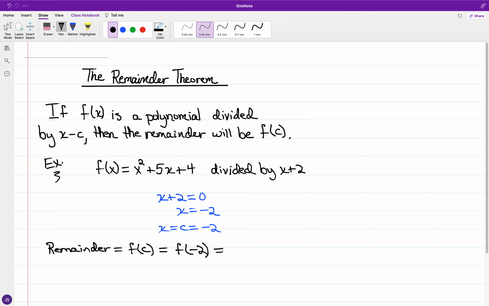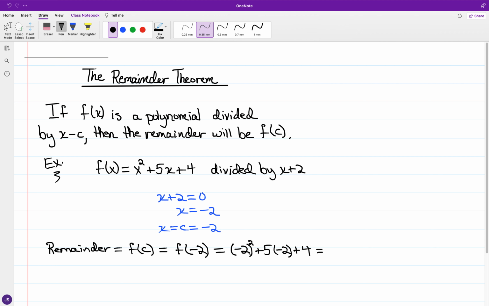For the input variable x, I'm going to substitute x with negative 2. So x squared is going to be the square of negative 2, plus 5x becomes 5 times negative 2, followed by the addition of 4.